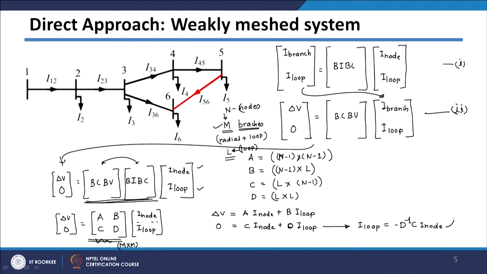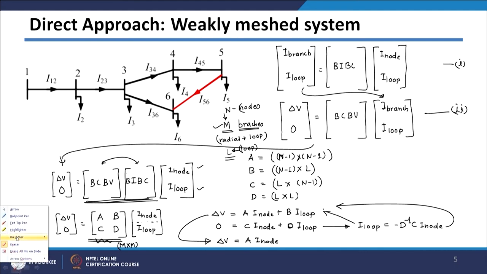And this equation I can put into the first equation, meaning instead of I loop I can replace it by minus D inverse C I node. So delta V now will be equal to A into I node, and here it will be minus, because that minus sign is coming from this equation here.